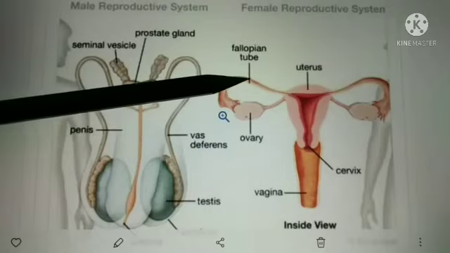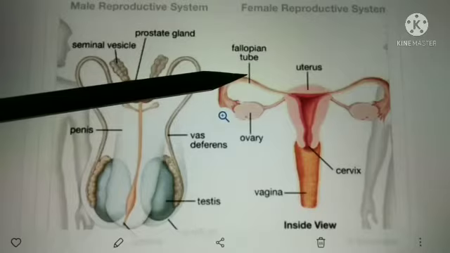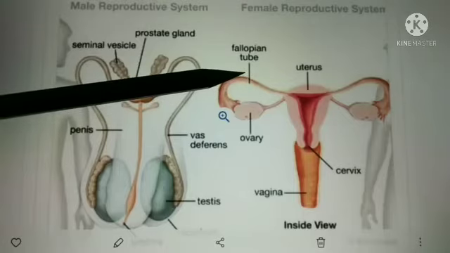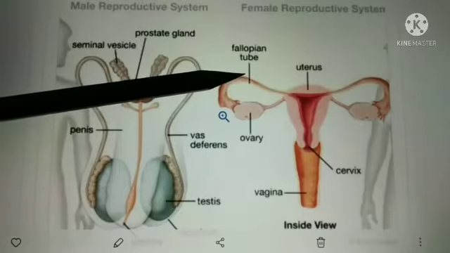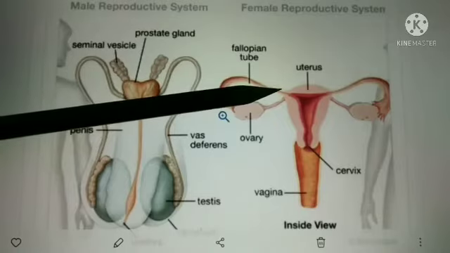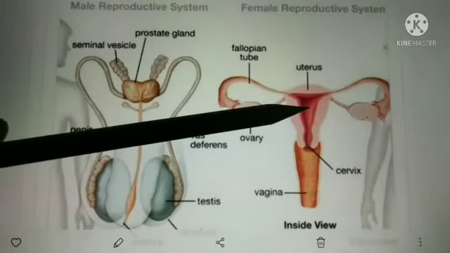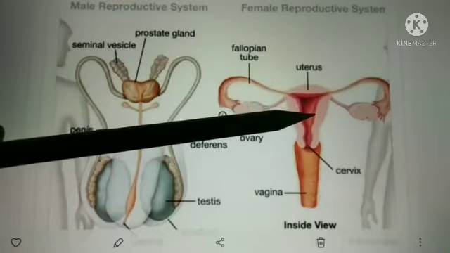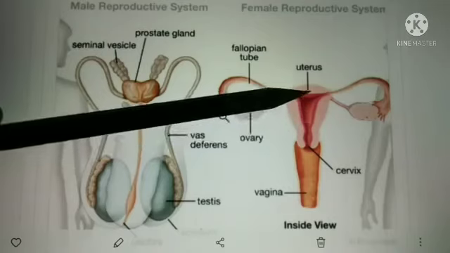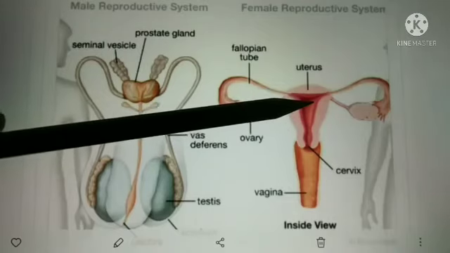If the egg is fertilized by the sperm cell, the fertilized egg cell begins to divide into 2 cells, and the 2 cells will divide into 4 cells. 4 cells then divide into 8, and so on. While it travels the rest of the way through the fallopian tube to the uterus, there it implants and grows into the unborn baby, that is fetus.